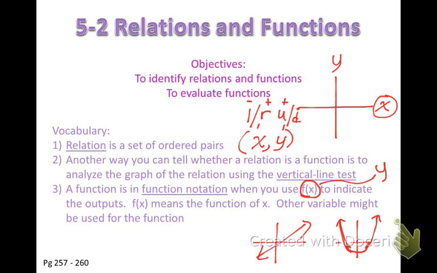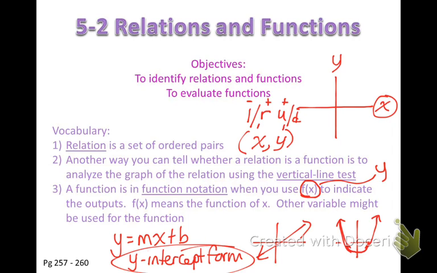We're going to use it in a formula very soon. It's called y equals mx plus b, and that is called the y-intercept form. That also is called a function. It's a line. F of x is another way of saying it.